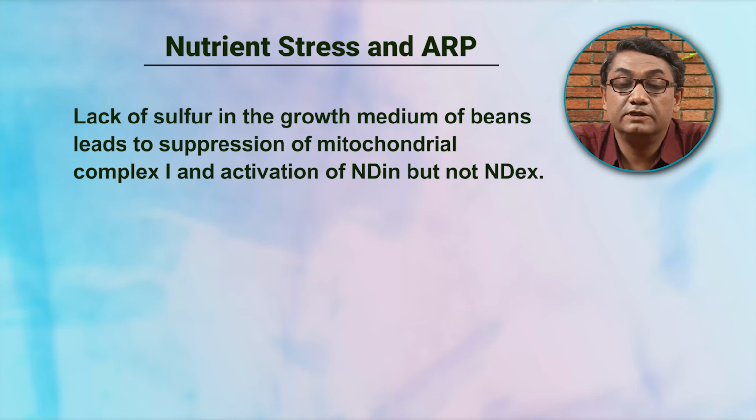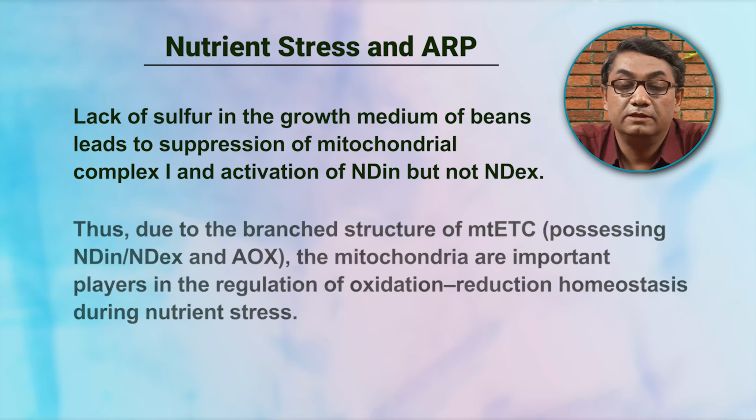Lack of sulfur in the growth medium of beans leads to suppression of mitochondrial complex 1 and activation of NDin but not NDex. Thus, due to the branched structure of the mitochondrial electron transport chain possessing NDin, NDex and AOX, the mitochondria are important players in the regulation of oxidation-reduction homeostasis during nutrient stress.